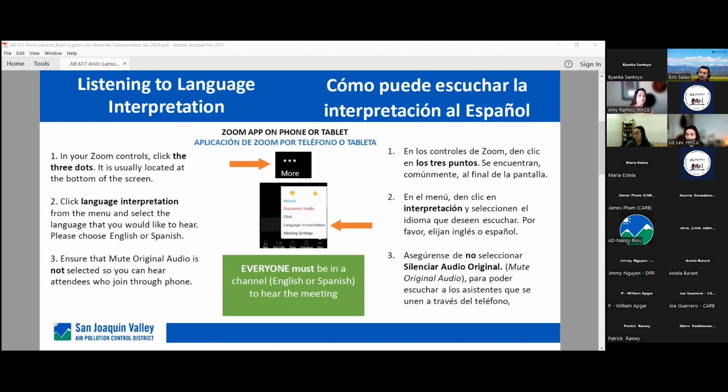Were you able to connect with the interpretation? I think you cannot see the world icon on the screen. You have to click where it says more. So I don't know if you have any issues with it. Seeing a thumbs up from Diana and a couple other folks.